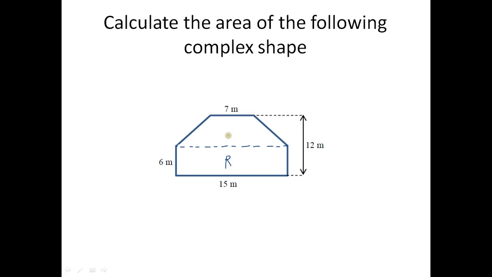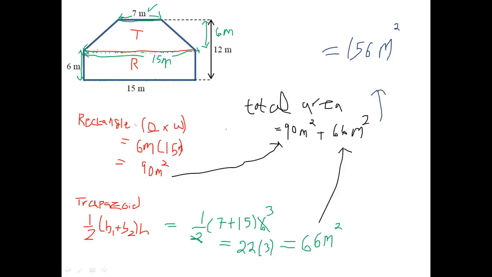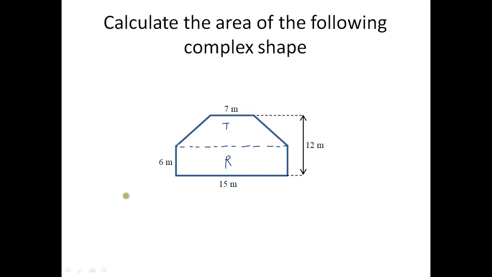Now we have the other part of the shape, the other half. That's going to be the trapezoid. So we're going to apply the trapezoid formula. I know this is a little bit more difficult to remember, but it's half times base 1 plus base 2 times height. In this case, since they told us that the full height is 12 meters, and half of this is taken up right here by just this triangle portion, that means that to get to the full 12, this part also has to be 6.